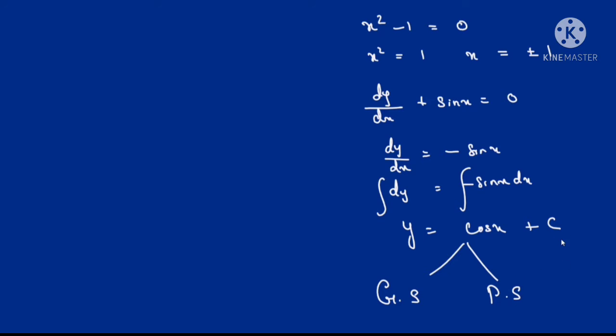Now particular solution is where you find c. They will give some condition. Suppose the curve is passing through 1, 1. Then you substitute x is 1 and y is 1, you get the constant c. For example, suppose the curve is passing through 0 and 1, you put y is 1 and x is 0.